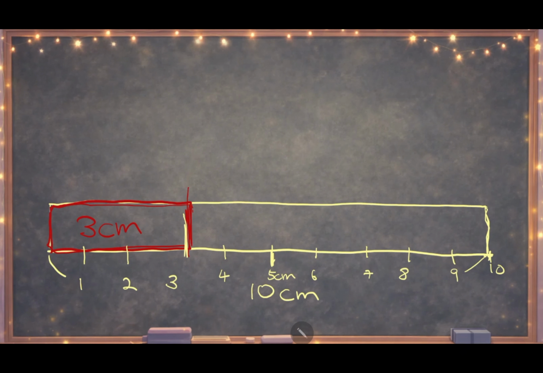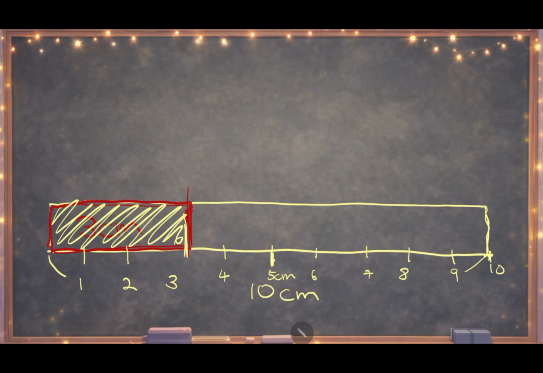Out of those 10 equal pieces, 3 centimeters will take up 3 of those sections. So the denominator is going to be 10 and the numerator is going to be 3. So I have used 3/10 of the sellotape.